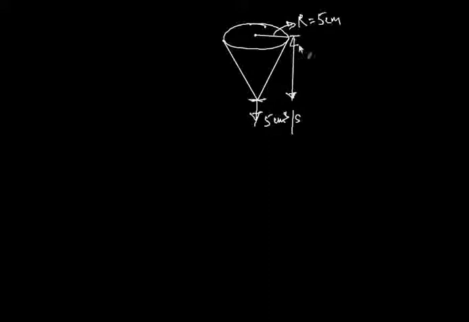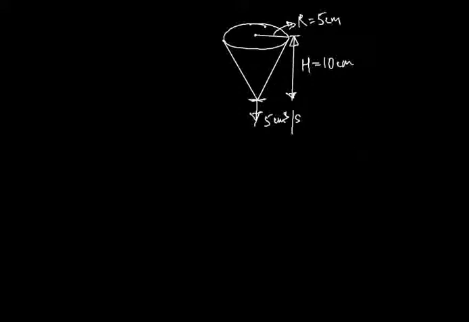This is equal to, let's call it capital H, and it's equal to 10 centimeters. So the cone has some water, and the water is now leaking out of it. And the question is, how fast is the water level dropping when the water level is 2.5 centimeters from the top? So what does that mean?